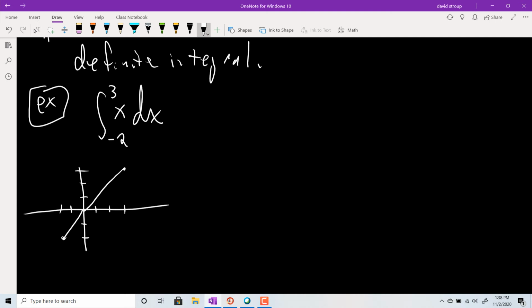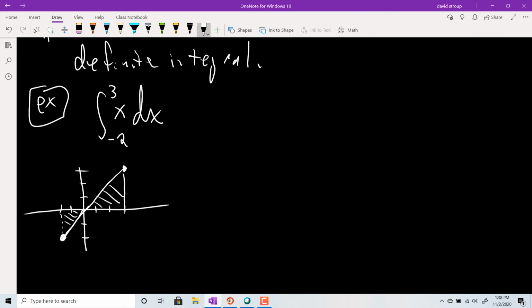Usually if the function is positive, we could say that we're finding the area underneath the curve. What's weird with this one is this other side. How do you find the area underneath that? Is the definite integral going to find that area? You can think it out in terms of the rectangles.